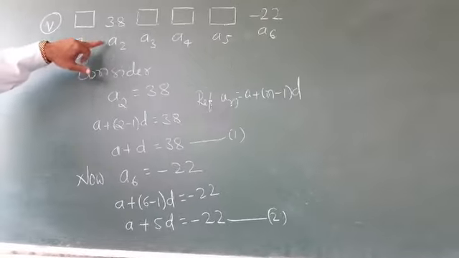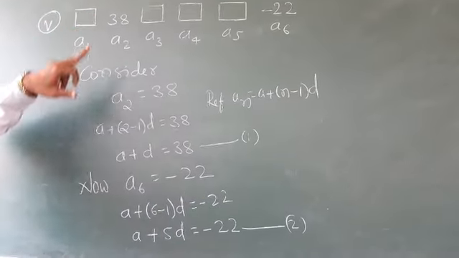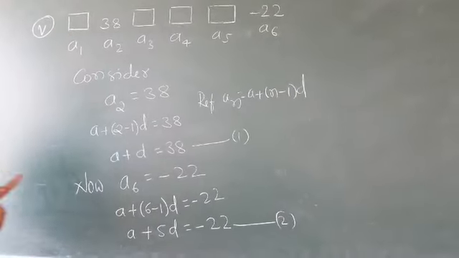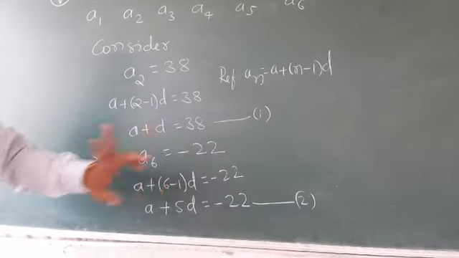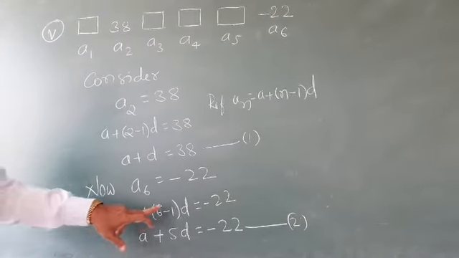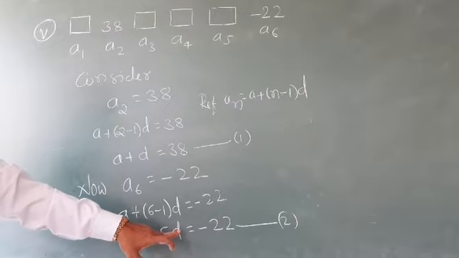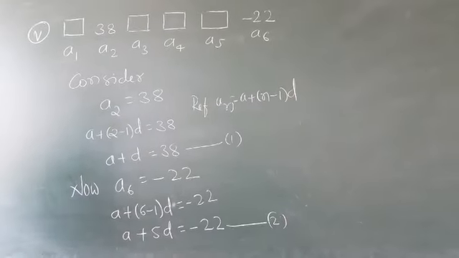See, first one, A2 equals 38, that becomes a plus d equals 38. Then A6 equals minus 22, that becomes a plus 5d equals minus 22.